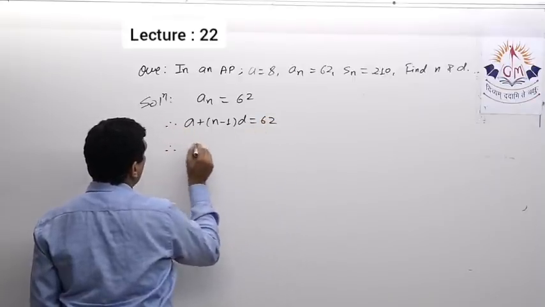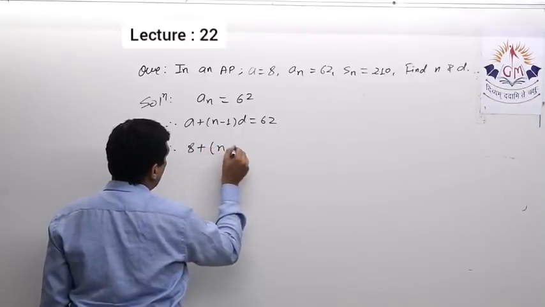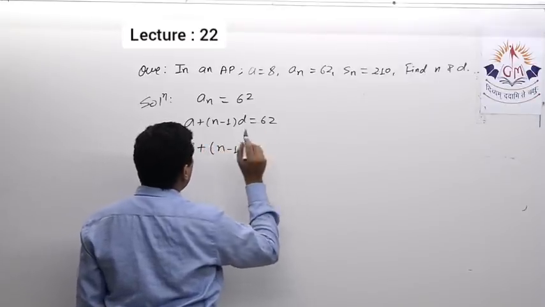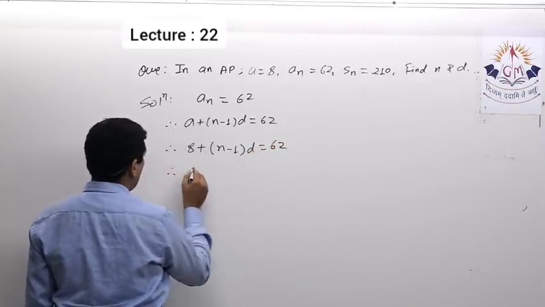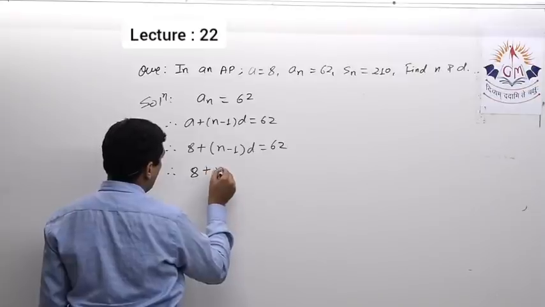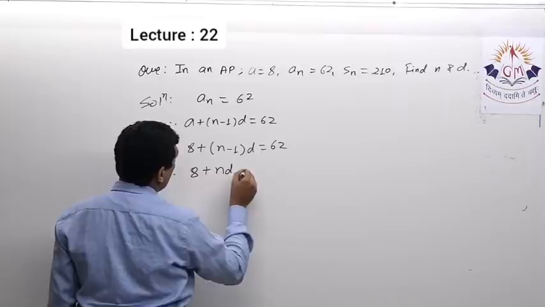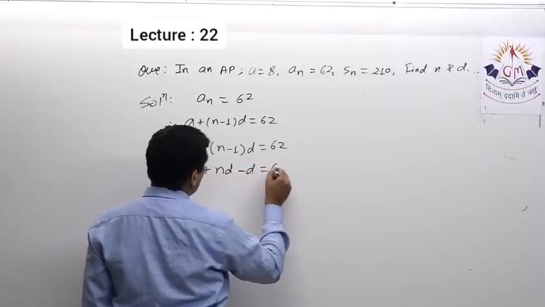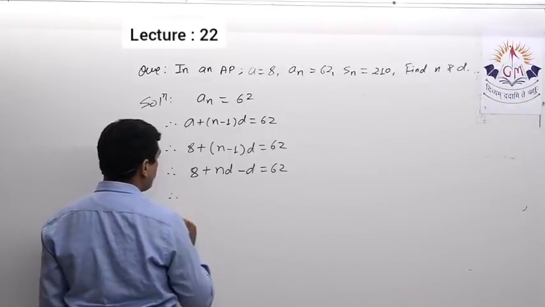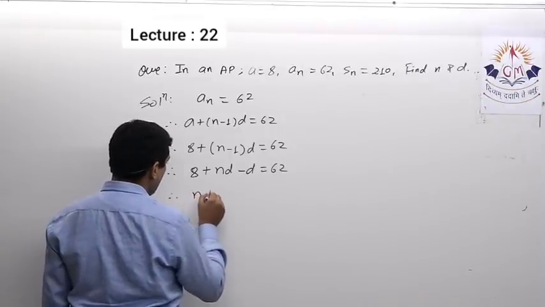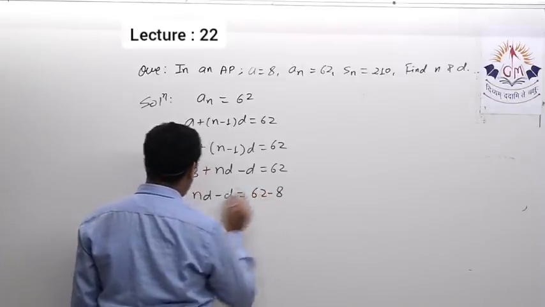Now what is the value of a? 8. So 8 plus n minus 1, n we have to obtain and d is again we have to obtain, is equal to 62. So this is 8 plus nd minus d is equal to 62, or nd minus d is equal to 62 minus 8.